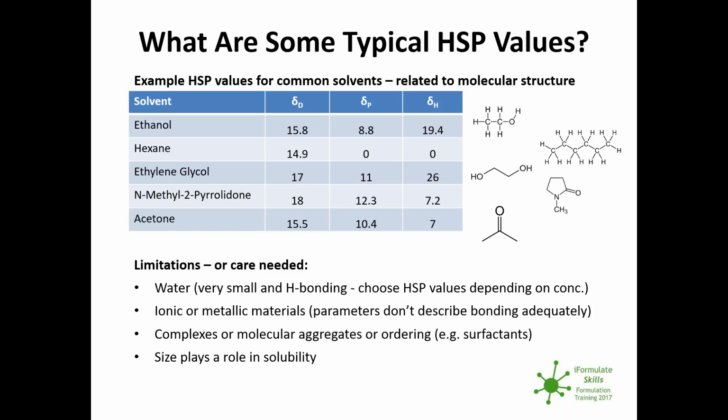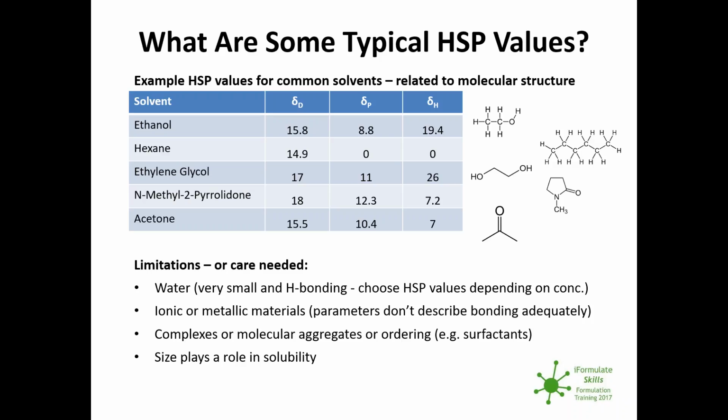N-methylpyrrolidone, which is the 4th example on this list here, shows quite a large polar parameter, and you can see that some of the atoms on that molecule will be partly charged to give you that polar. Now, as a hydrogen bonding molecule, you can see that it doesn't have a hydrogen donor.